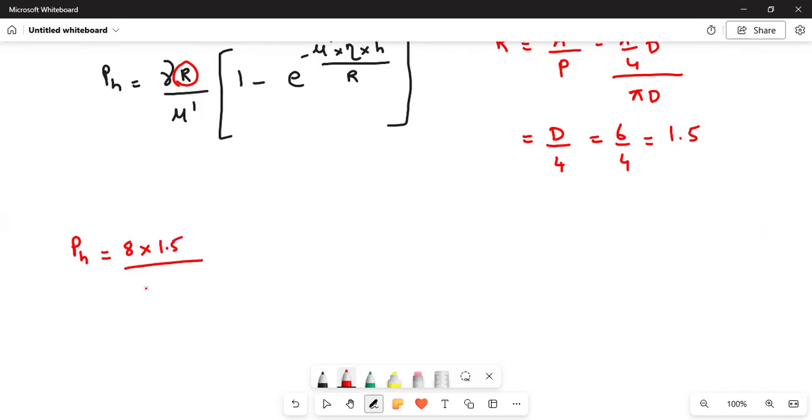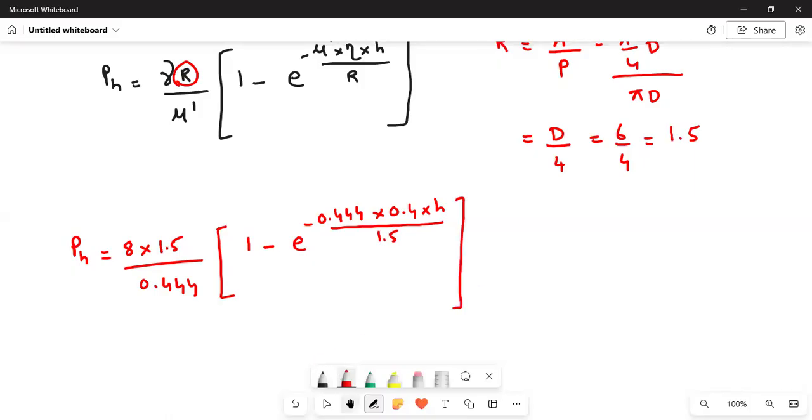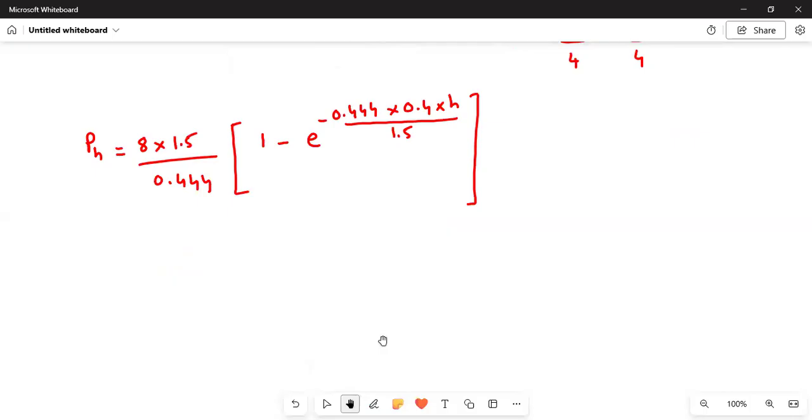Mu is given in the problem, that is 0.444. 1 minus e to the power minus 0.444 into pressure ratio 0.4 into height. I'll simply write H as of now, divided by 1.5, that is R. So this is what you get.